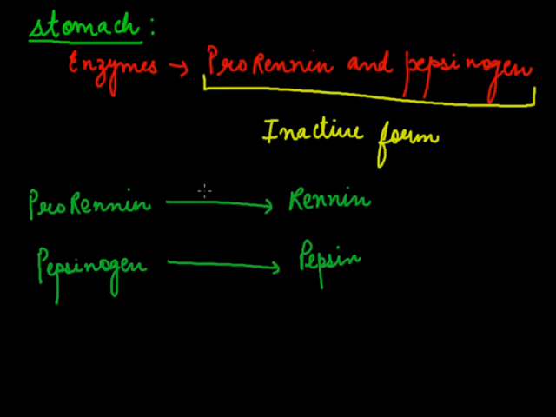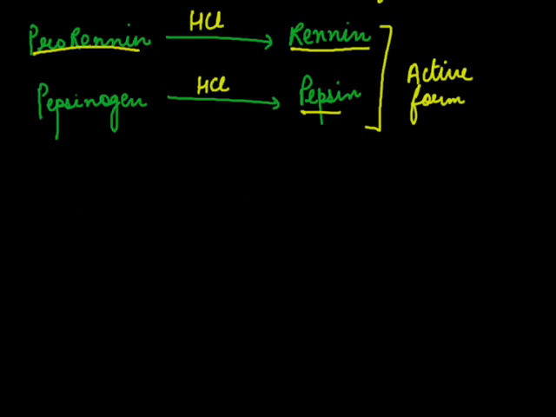And who is responsible for the conversion of this inactive form to active form? This is the HCl. The hydrochloric acid is responsible for the conversion of prorenin to renin and pepsinogen to pepsin. This renin and pepsin both are active forms. Now, what do they do?